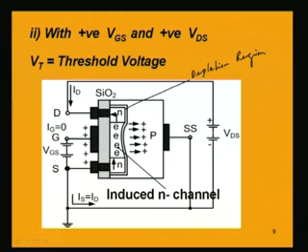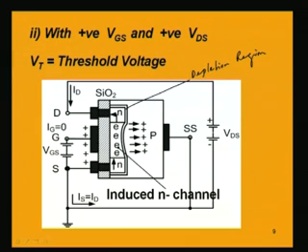and what will happen now is that because of the presence of these electrons in the length between the two n-type semiconductors, there is now an induced N channel. N channel means the channel having the negative charges or electrons.